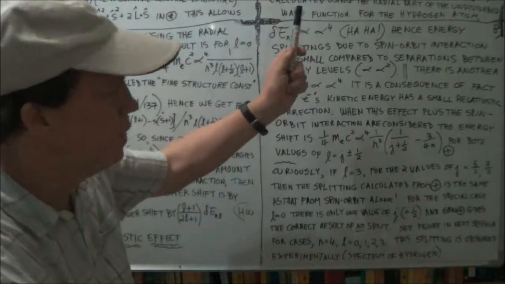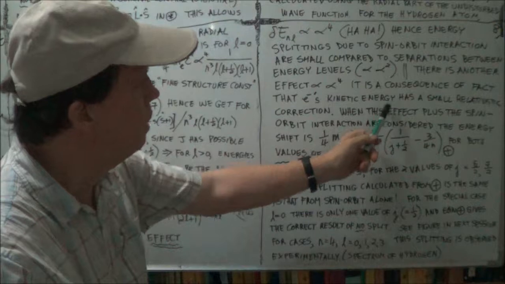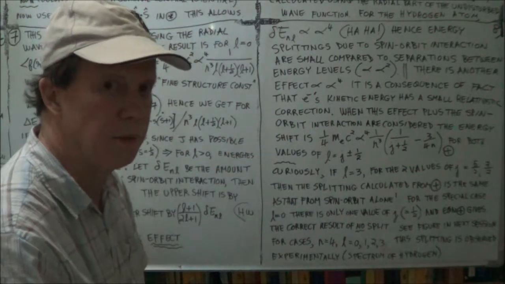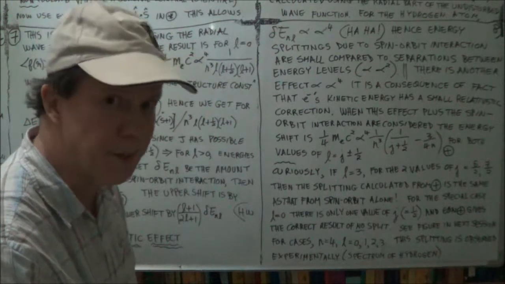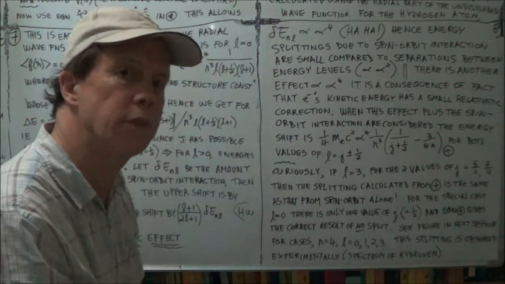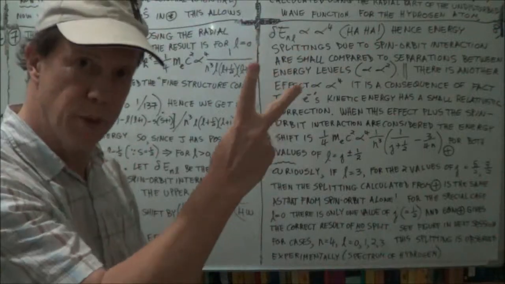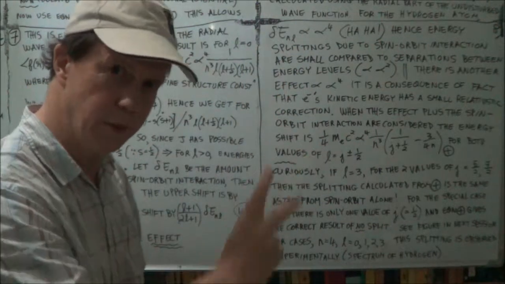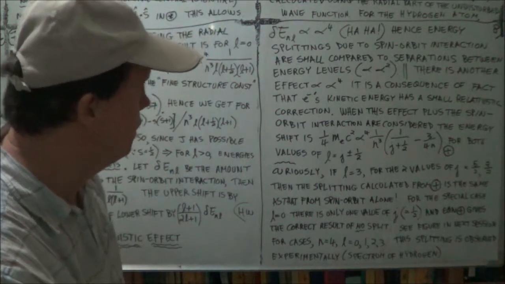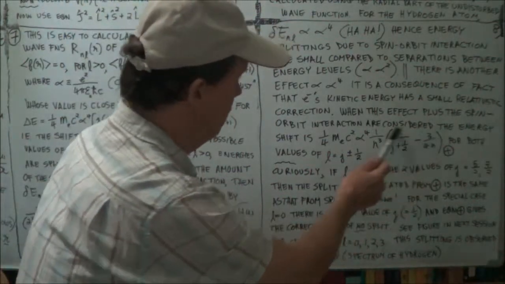Now, when you put these two phenomena together, this kinetic energy change due to the relativistic effect in Dirac's theory, and the spin orbit coupling, you put those two together. So now you'll add two terms, two corrective terms, two perturbations to your Hamiltonian. Then some other odd stuff comes out. For a start, the energy shift formula is this.